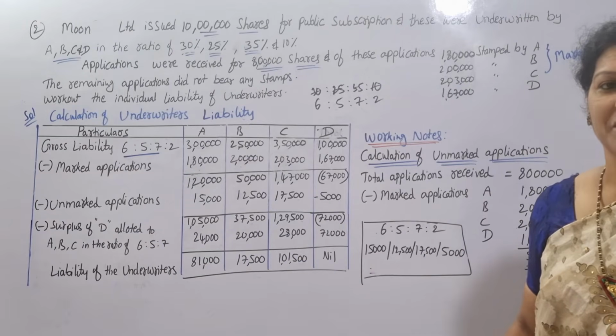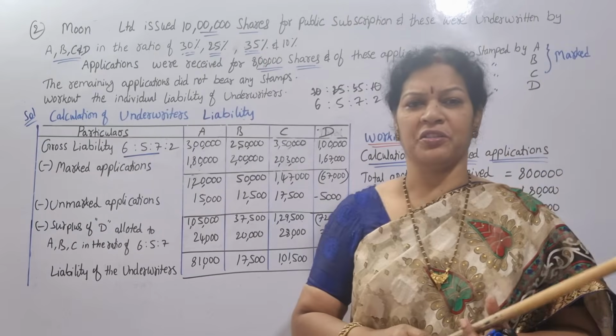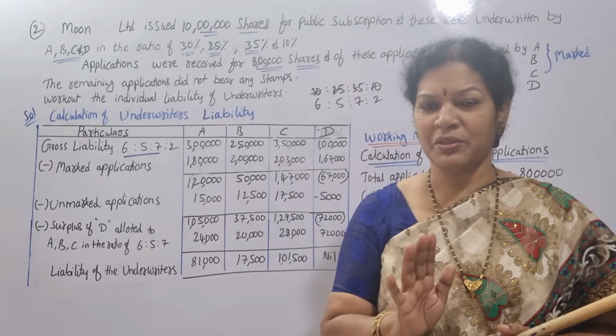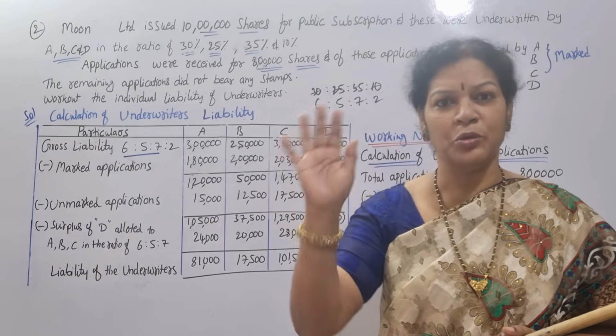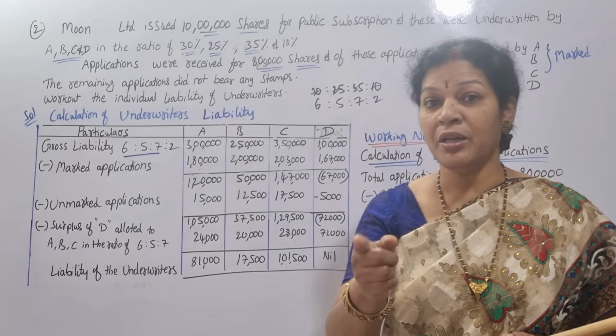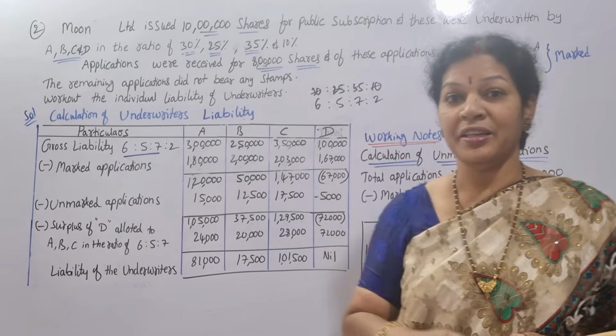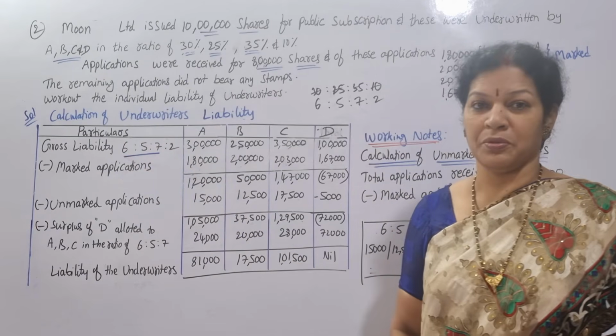Am I clear? Only one point you have to remember in this class. Whenever somebody is getting surplus, it can be A, B, C, D, whoever it may be. If it is B's, then B's will be distributed to A, C and D in the ratio 6 is to 7 is to 2.